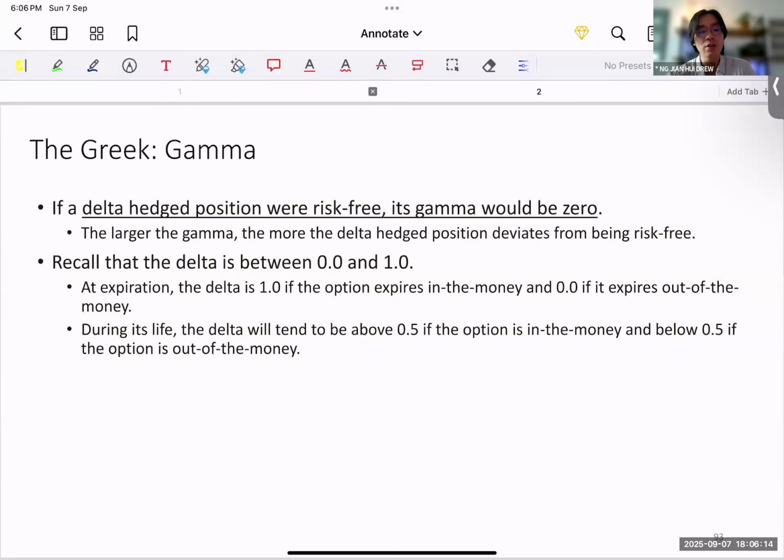So in a situation where the delta position were risk-free, meaning that the delta is perfectly hedged, then there'll be no gamma, right? However, we know that in most real life cases, there's always going to be a gamma because our delta position is usually not perfectly hedged.